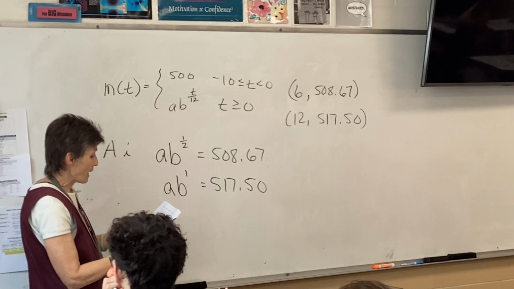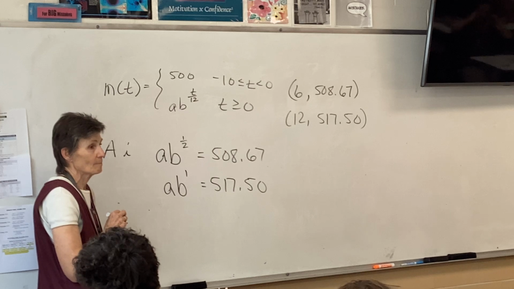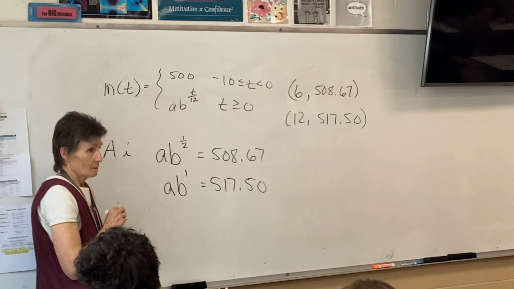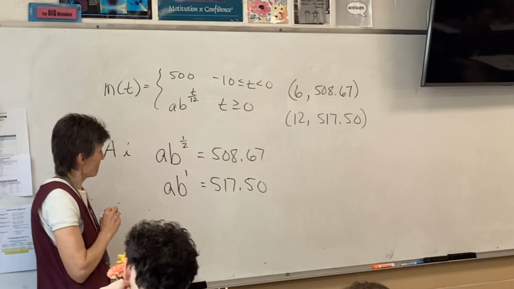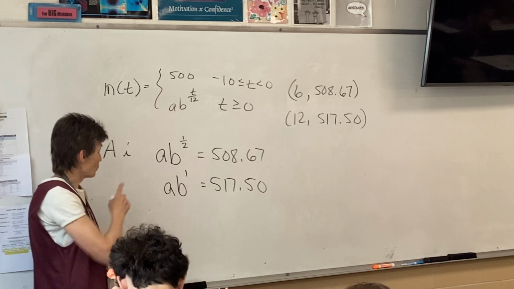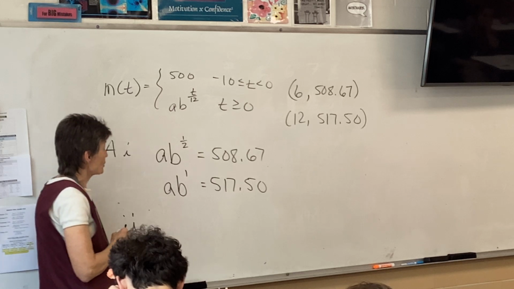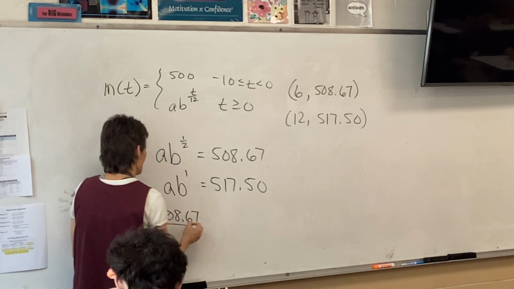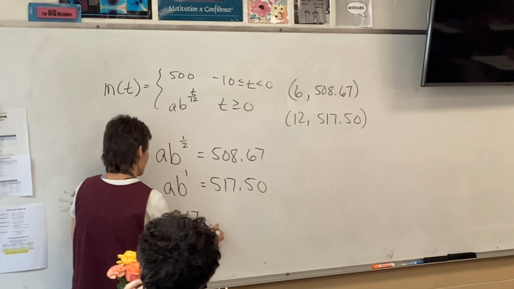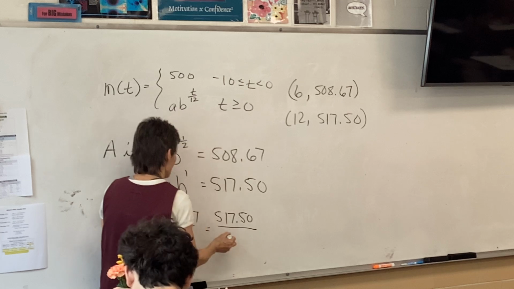Find the values for a and b as decimal approximations. Okay? So what do you want to do? Those are our equations. So 508.67 over b to the 1/2 equals 517.5 over b.